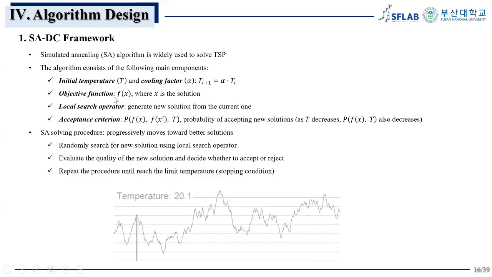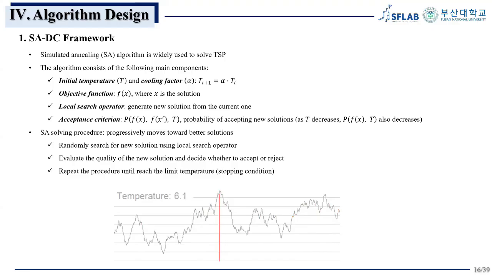The objective function is the one that we want to optimize, in which x is the solution. The local search operator: the SA relies on a local search operator to generate new solutions. I will introduce the local search operator in a later part.